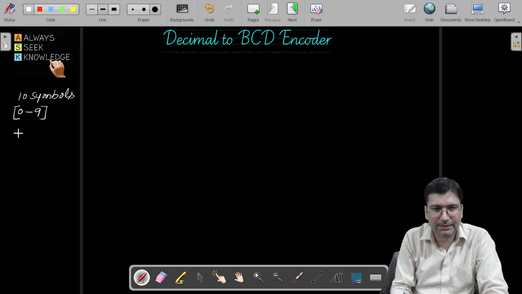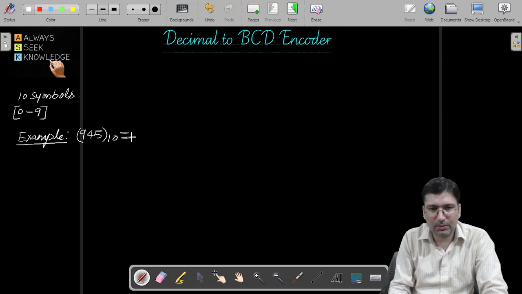For an example, let's say you have a number 945 in decimal. If you convert it into BCD, each individual digit will be converted into binary. So 9 will be converted into binary, which takes 4 bits: 1 0 0 1.